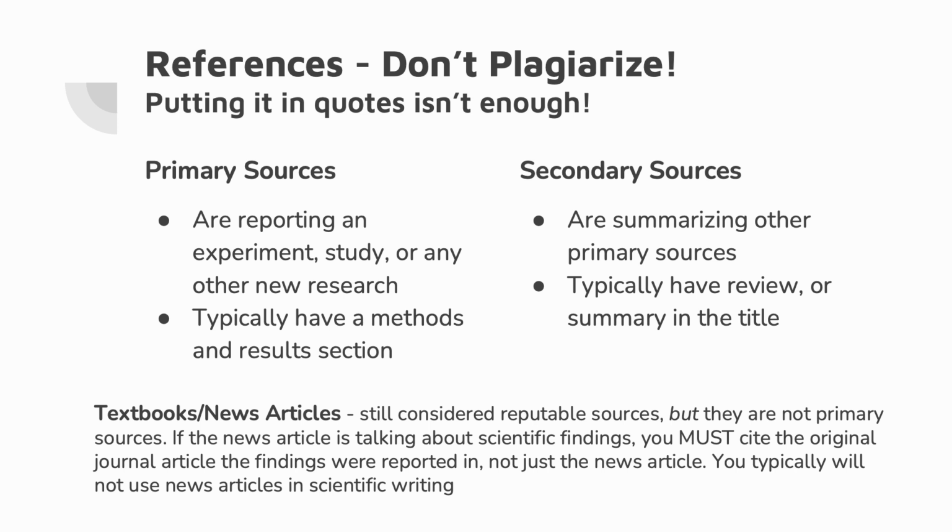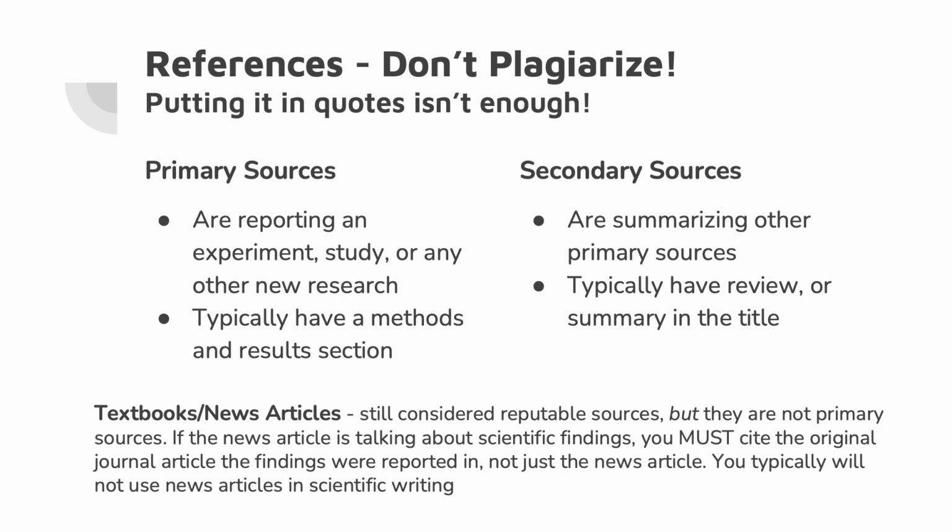Sometimes they will have the word review or summary in the title. Don't get confused, because sometimes meta-analysis or meta-review, meta-summary will be in the title, and those are actually primary sources. What you want to look for is really descriptive headings.